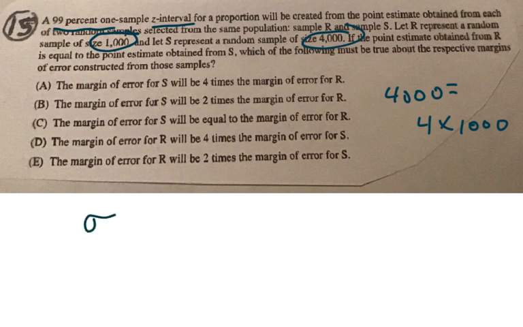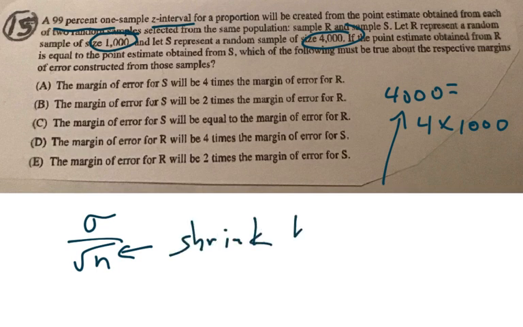Well, remember, we always divide by the square root of n. So therefore, since we made it 4,000 from 1,000, we made it literally 4 times larger. Hence, the standard deviation is going to get smaller and shrink by the square root of 4, or twice as much.